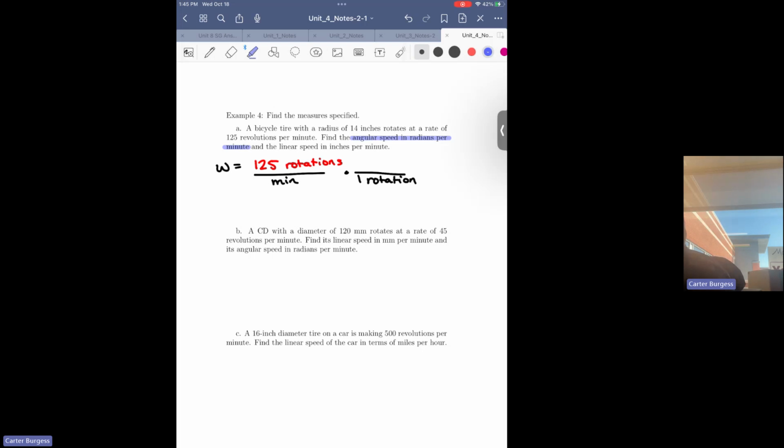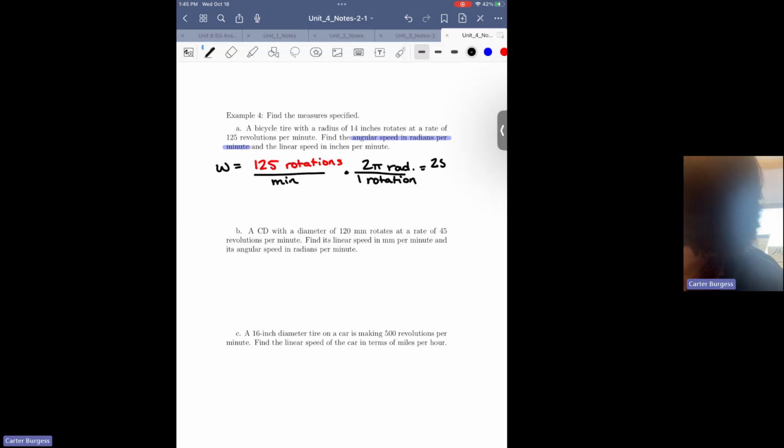Every time I rotate, I increase by 2 pi radians. That's just going to be a static number, always 2 pi. Rotations cancels with rotations. Multiply everything through, and you end up with 250 pi radians per minute.